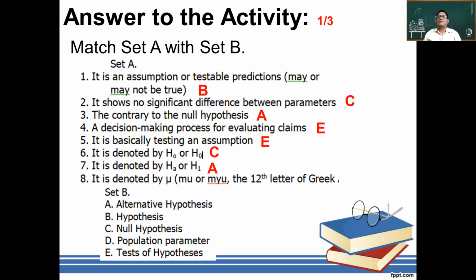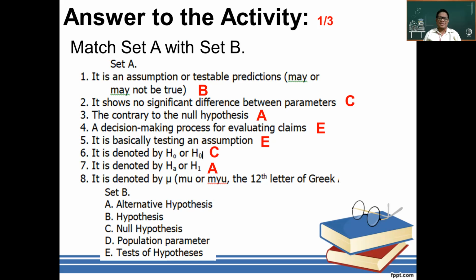Because H sub 0, H sub 1, 2, 3, 4, 5, you will use in higher statistics when you have more than 2 options or more than 2 parameters. But for us in basic statistics, we will use H sub O for null hypothesis and H sub A for alternative hypothesis.